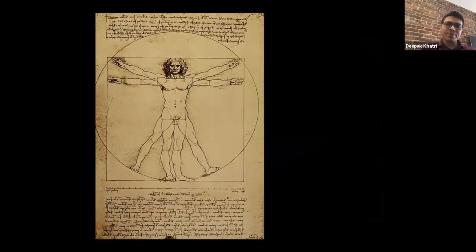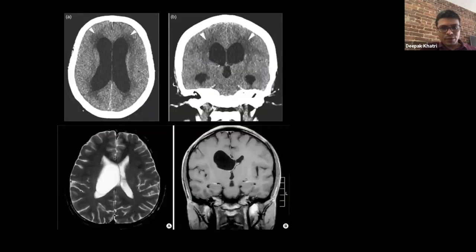I put this picture basically, actually it's the Vitruvian Man painted by Leonardo da Vinci, who appreciated the symmetry in human body anatomy and functions. So when we talk about symmetry, the reason I put that picture was there are these different pathologies.